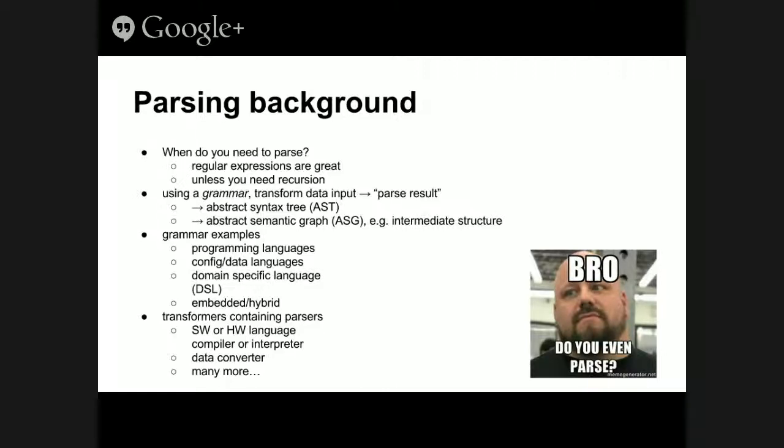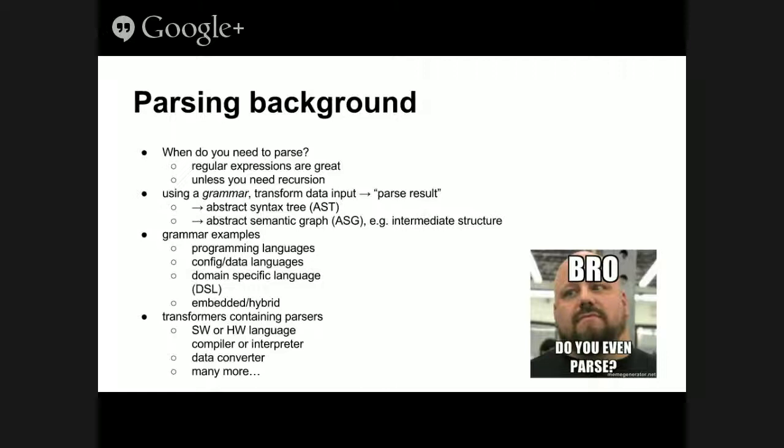So what are you doing when you're parsing? You're using a grammar. You define what you want to be able to parse, and that's your grammar. It explains the rules of how the pieces of whatever you're going to parse are built out of smaller pieces. What you want to do then is transform some data input into some, quote, parse result.